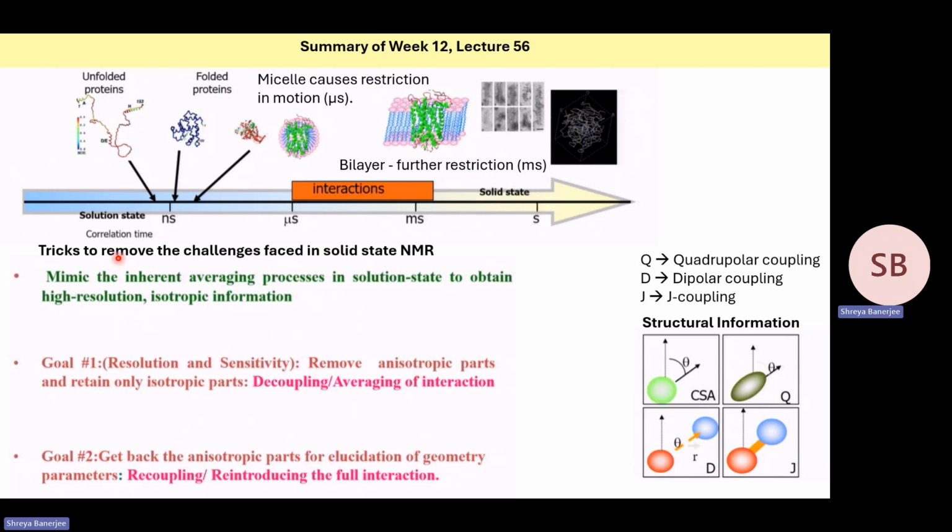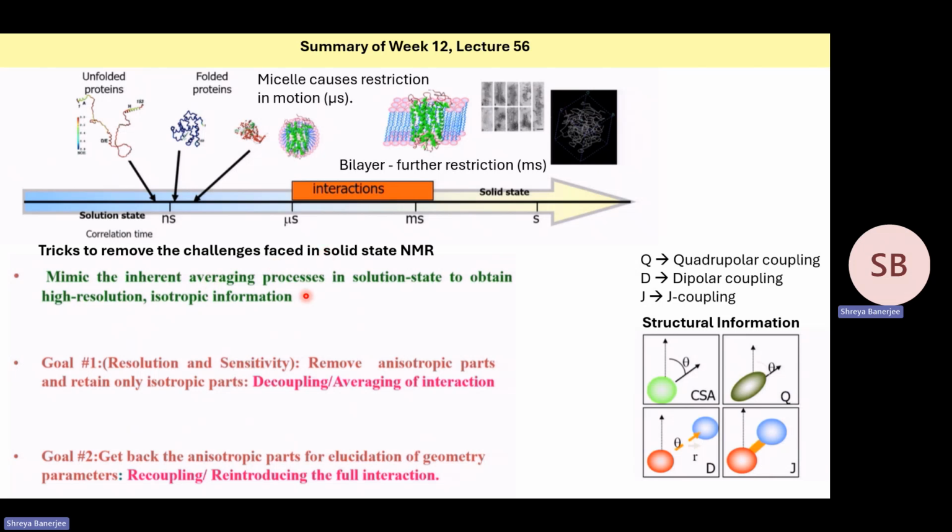Now there are several tricks to remove the challenges faced in solid state NMR. One is to mimic the inherent averaging process in solution state NMR to obtain high resolution isotropic information. So we already discussed that because of the fast tumbling in solution state NMR, all the anisotropic interactions are averaging and cancelling out.